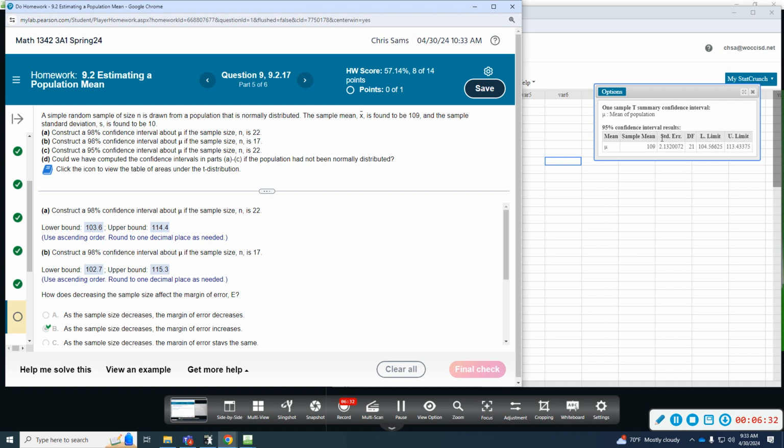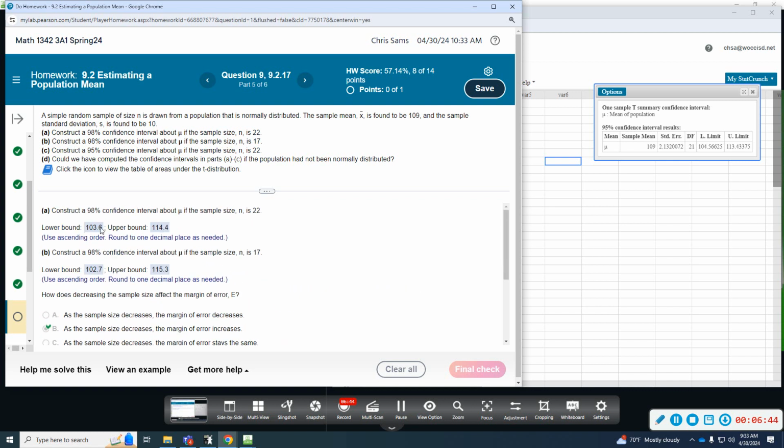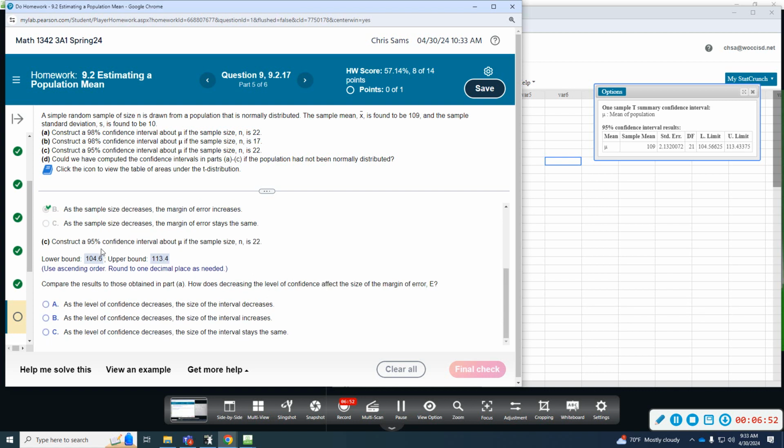So less confident gives me a smaller error. With big confidence, this interval is 103 to 114. Less confident, 95, shrinks the interval. So decreasing the confidence decreases the error. As the level of confidence decreases, the size of the interval decreases, yes.